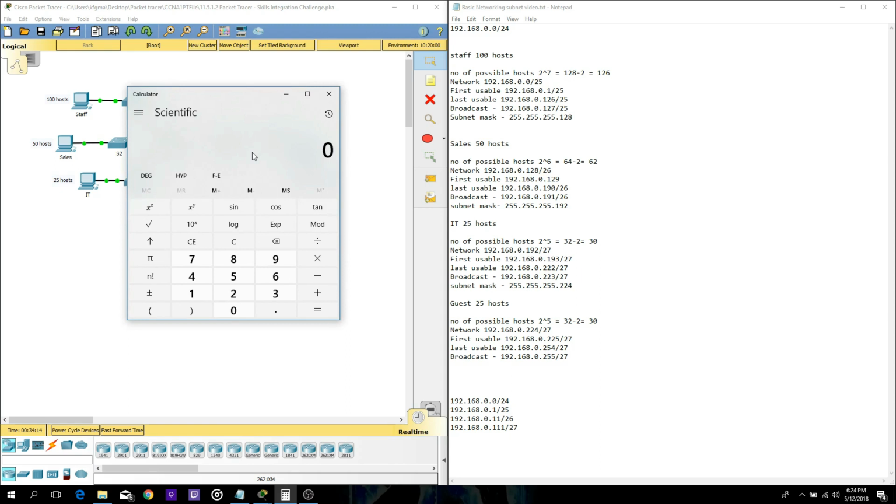Why did I subtract the borrowed bits from 32 to find the slash notation? Slash 32 is the maximum number for subnetting. Slash 32 will look something like this.